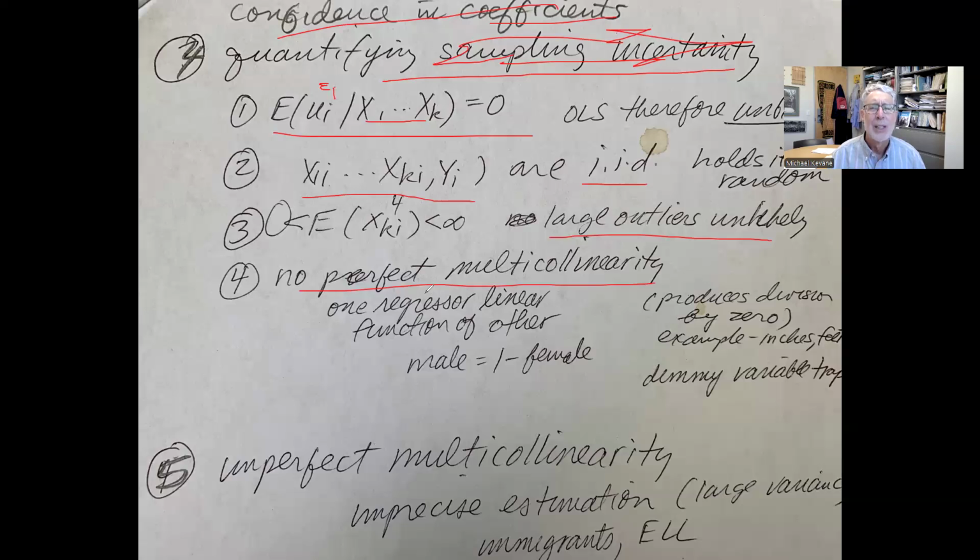So if we have four dummy variables, for example, north, south, east, and west, those four dummy variables are linearly related. The value for west, for example, is equal to 1 minus south minus northeast minus Midwest.